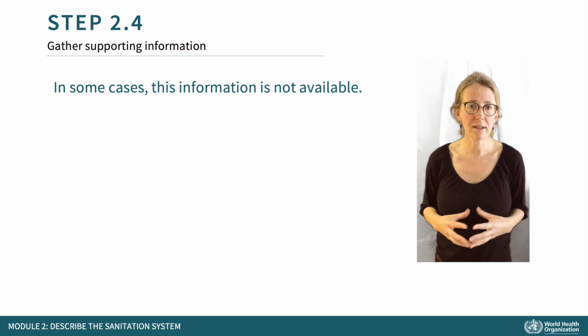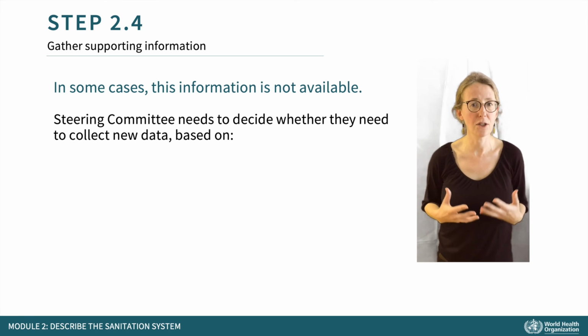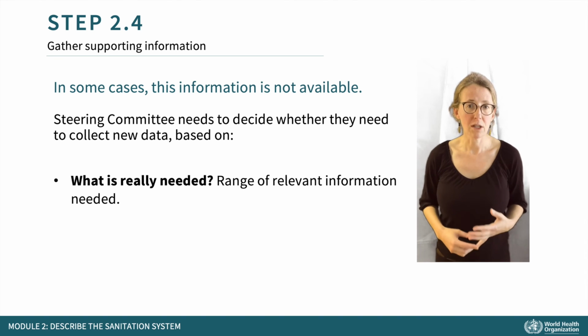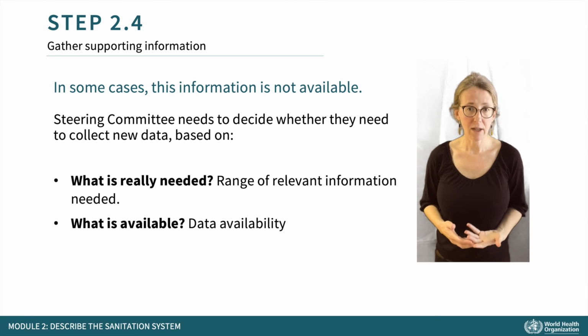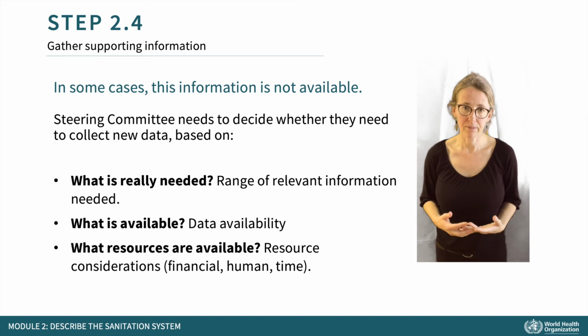In some cases, this information is not available, so the steering committee needs to decide whether they need to collect new data based on what type of information is really needed, what data is available, what resources are available to collect new data.